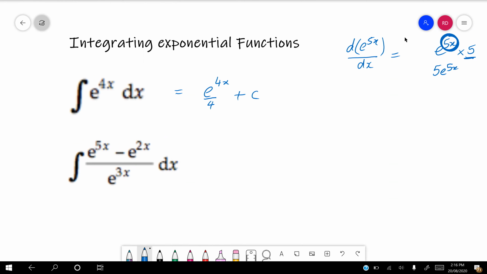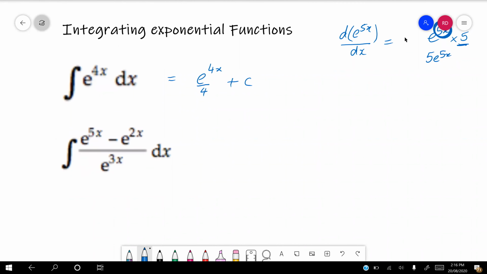Okay, so just to recap, the derivative is itself, but then you have to divide by the derivative of the power.